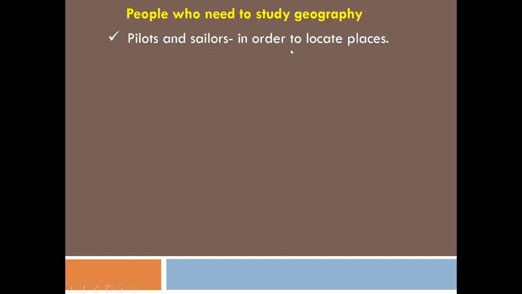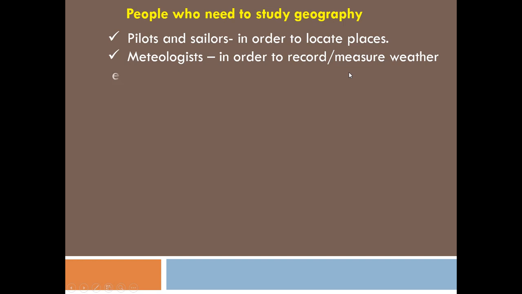It helps them to understand how to locate places, and you can do this after understanding map reading, after understanding how you read a compass. You cannot fly a plane and take the right direction if you cannot read the compass. So pilots and sailors require geography because it helps them to locate places. Meteorologists require geography because it helps them to record and measure the weather elements.